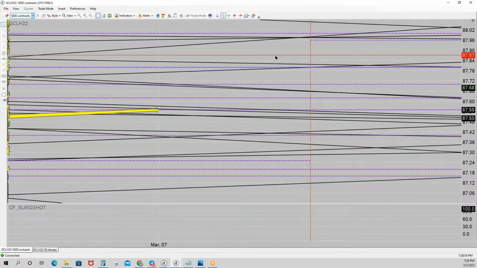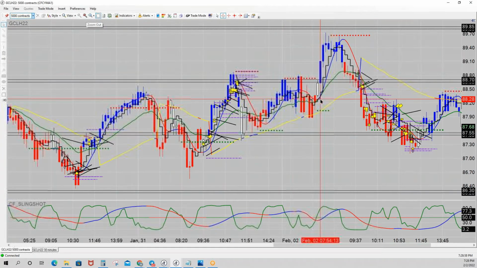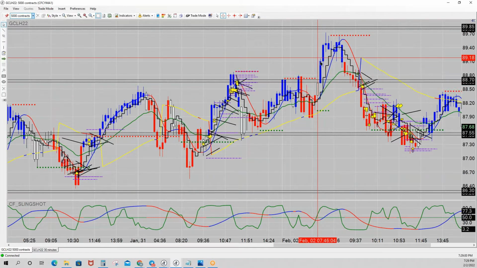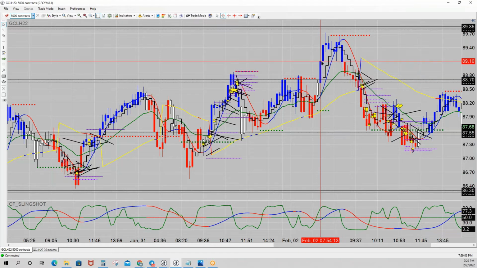Every bar has got 5,000 contracts traded. Again, you don't know when it's going to end. You know it's going to end when you get to 5,000 contracts, but you don't know how long that's going to take or where it's going to be.